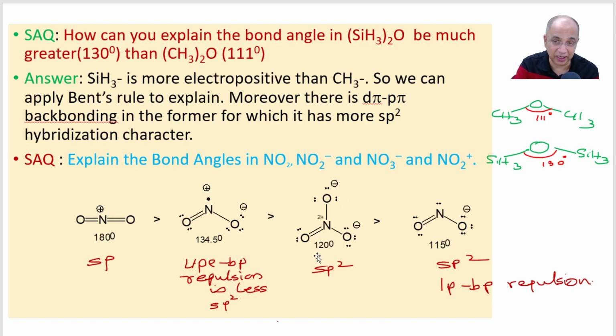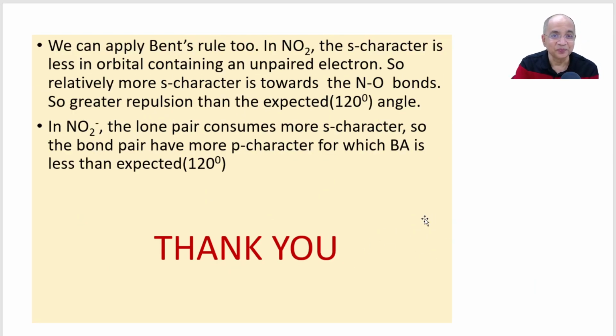But here there is a lone pair that will have a greater repulsion. Even if the bond order is 1.5 because of resonance, because of the lone pair bond pair repulsion and the sp2 hybridization, there is a slight decrease in the bond angle, 115 instead of 120, right?